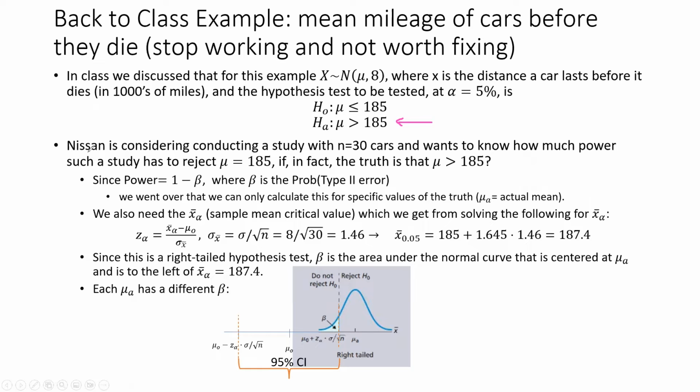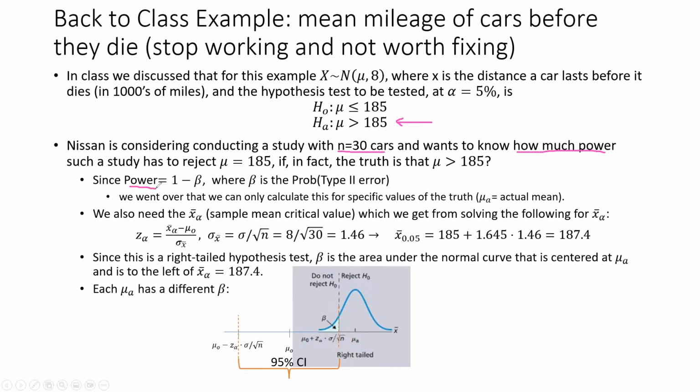In order to do this, Nissan is considering conducting a study with n equals 30 cars, and they want to know how much power that study has to reject this 185 if in fact the truth is that it's greater than 185. Okay, so to answer that question and figure out the power, we're going to go backwards here.